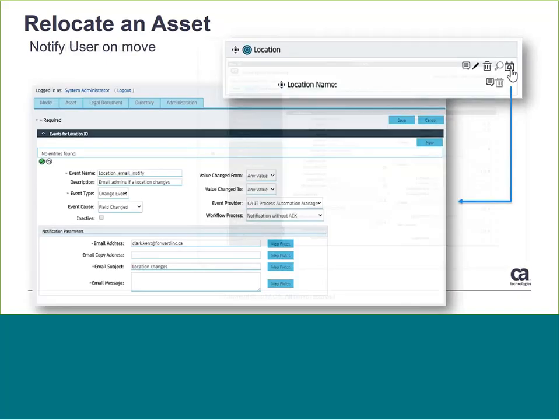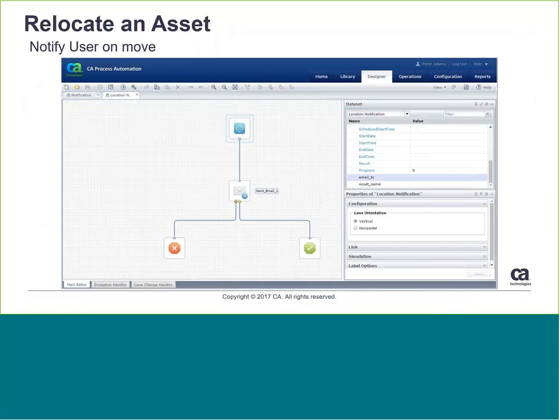Okay. The next thing is about automation. Here's an example where if you have a location that changes, then you will get a notification email to some sort of super user or someone that tells you the location has been changed. And this could also trigger other information. In this case, it's just an email that's being sent from process automation or ITPAM, but it could be anything else that you can trigger. And you can even say, oh yeah, my location is good enough if it's just based off the IP address.